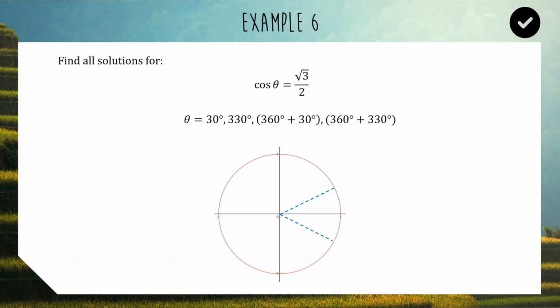So what we're going to see is that all our solutions are going to be right here and right here, 30 degrees up and 30 degrees down from the 0 to pi line. Okay, 30, 330, 390, so on and so on. So how can we write this in an algebraic form that's going to make sense?